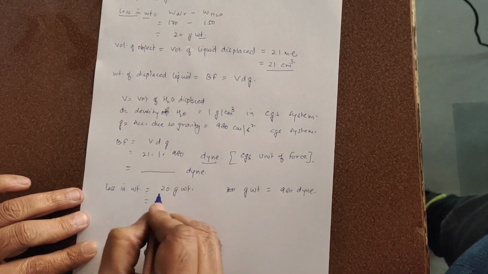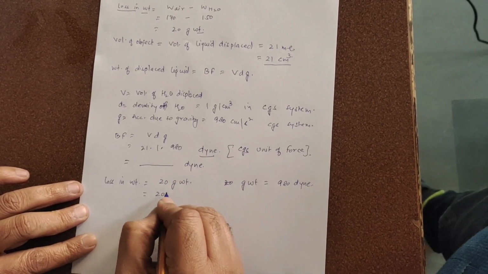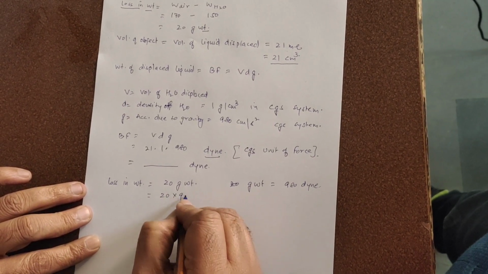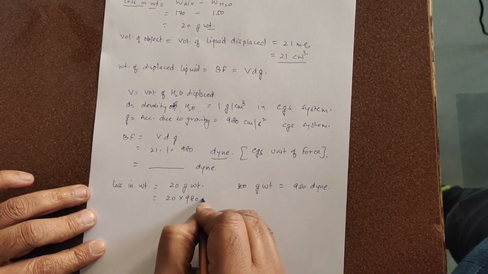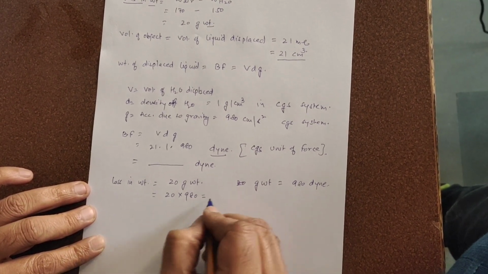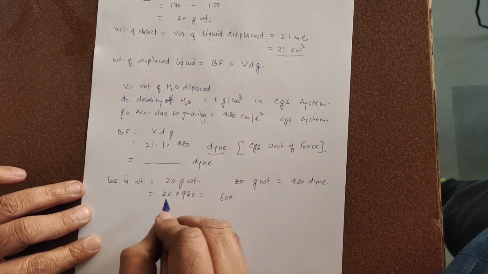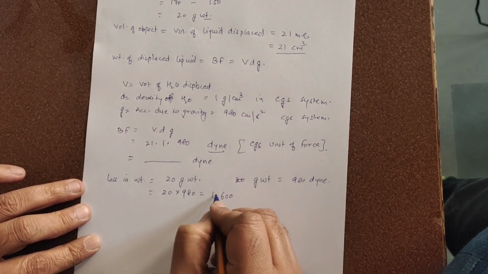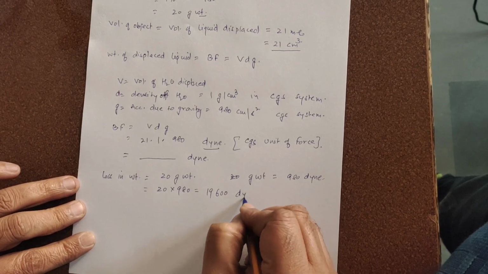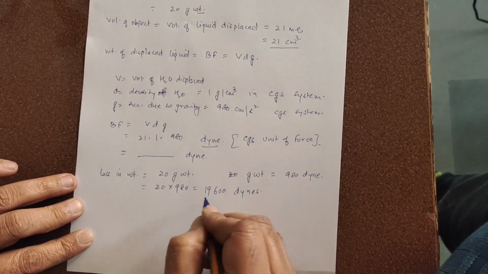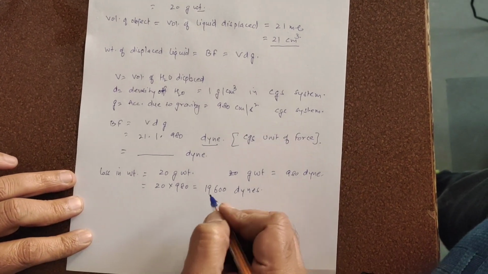So convert this loss in weight into dynes. 20 into 980. This will be this many dynes, 19600.